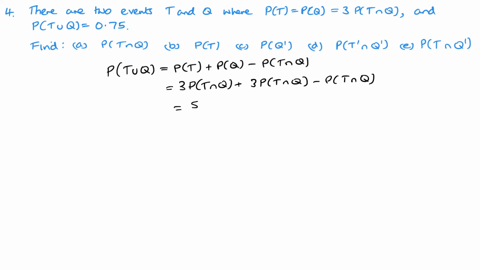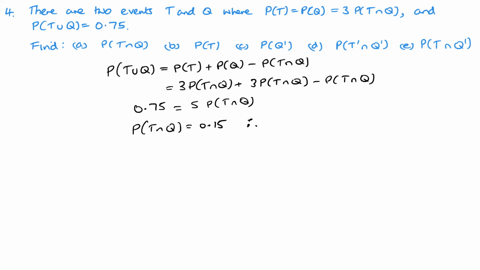So what I've got is 5 times the probability of T intersection Q, and T union Q is 0.75. So that means that dividing by 5, the probability of T intersection Q is 0.15.